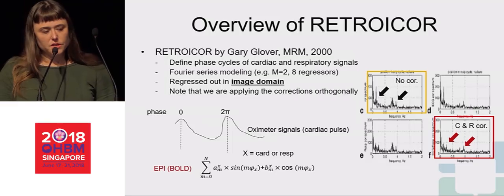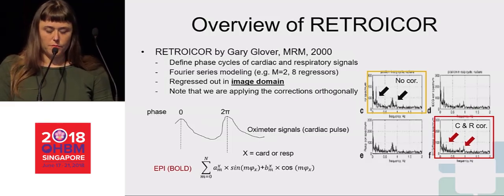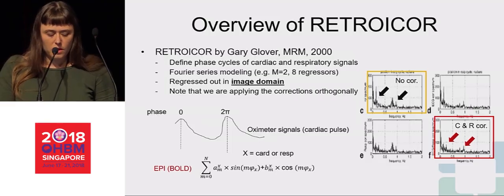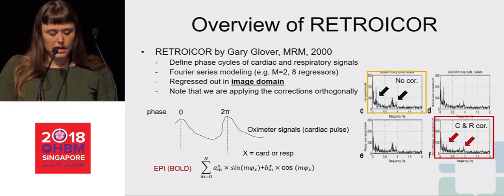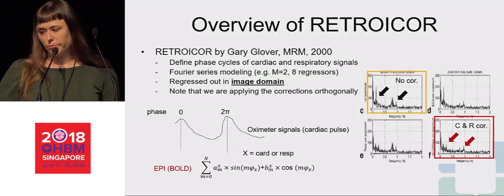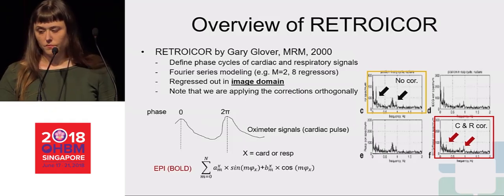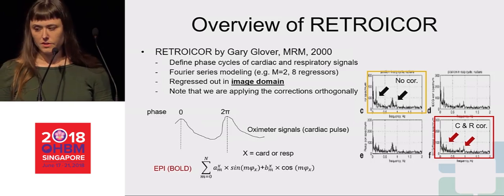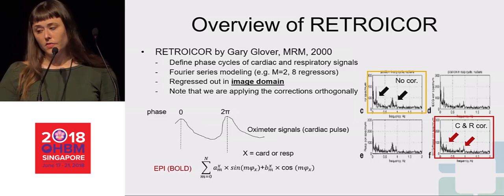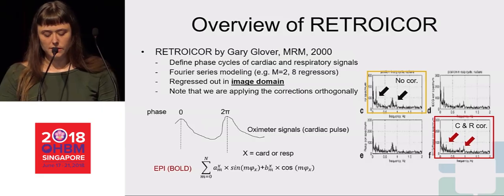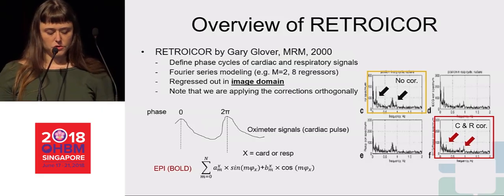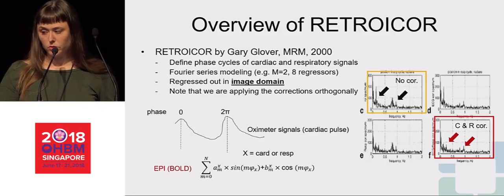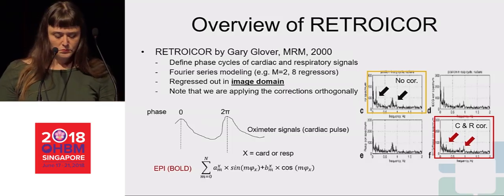The images on the right are from the original Glover paper, and you can see highlighted in the yellow box the frequency power spectrum before RETROICOR is run, and the arrows point to the frequency components of the cardiac and respiratory signal. And then in the red box, you can see the frequency spectrum after RETROICOR is run, and you can see that those peaks are gone.